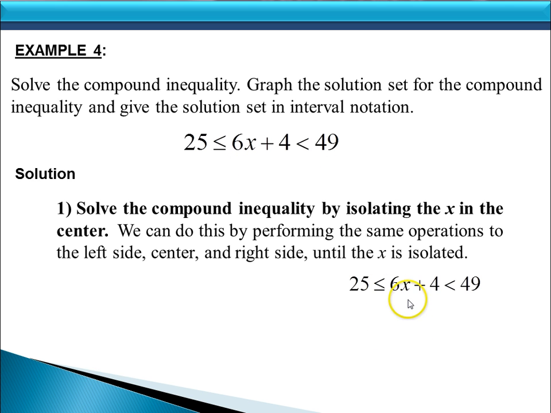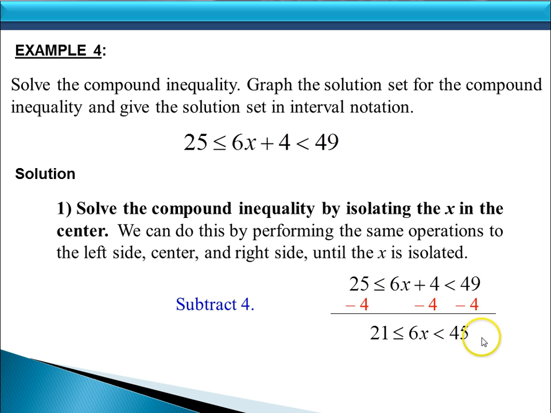So we're going to do whatever it takes to isolate the x in the center, and we just have to remember that whatever we do to the center, we also have to do to the left side and the right side. So if we want to get x isolated in the center, we would need to subtract 4. So we subtract 4 from all three of those parts, the left, the center, and the right. That'll give us 21 is less than or equal to 6x, which is less than 45.